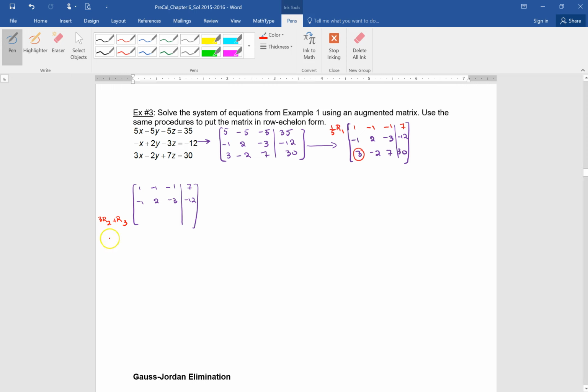Okay, so we're going to do 3 times negative 1 plus 3, that gives you a 0 here. 3 times 2 minus 2, that gives you a 4. 3 times negative 3 plus a 7, negative 2. 3 times negative 12 plus a 30. There. Now the next one I need to change is which one?